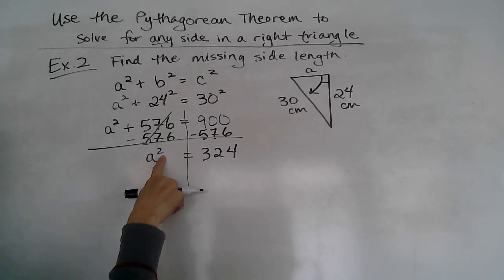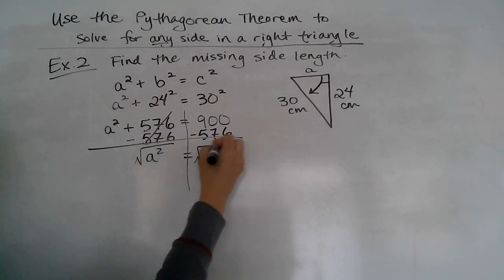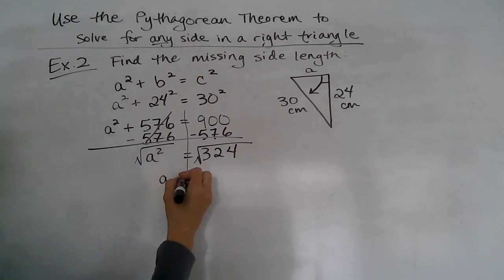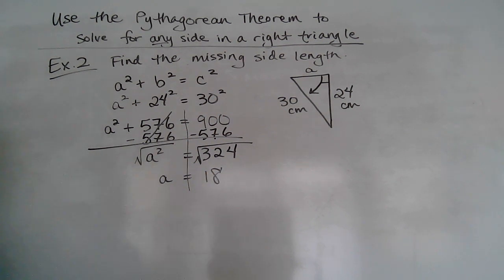So to undo this square, we take the square root. We're going to do that to both sides. This gives us just A, which is what we want, and over here, we get 18. It's always a good idea to double check that your answer makes sense in your triangle.